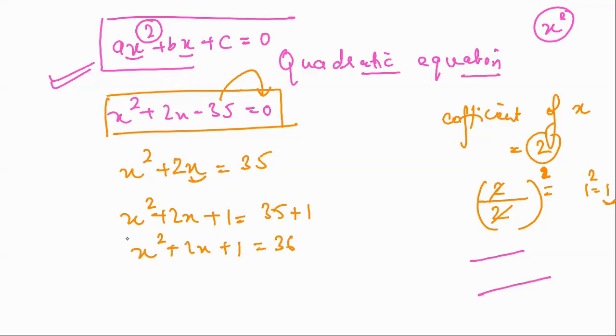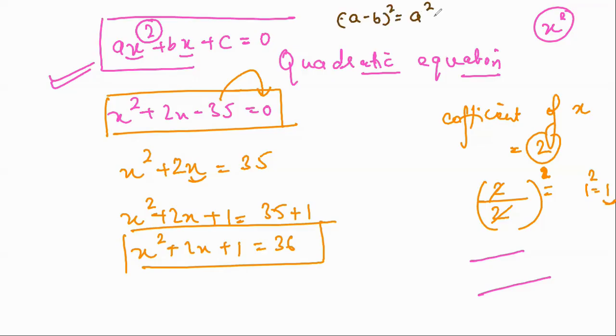After this, what is our process? The name of the method is completing the square, which means we have to complete the square. To understand this, you should know two identities: a minus b whole square, which is a square minus 2ab plus b square, and a plus b whole square, which is a square plus 2ab plus b square.